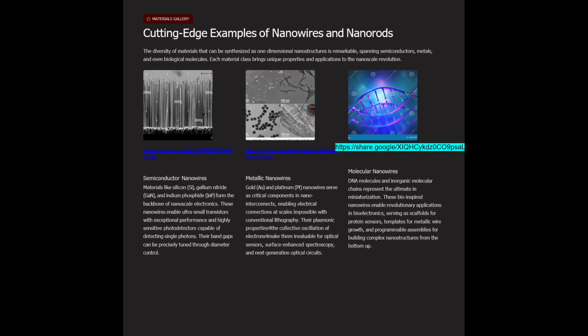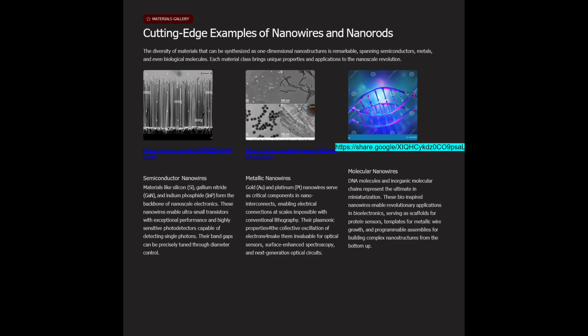Cutting edge examples of nanowires and nanorods. The diversity of materials that can be synthesized as one-dimensional nanostructures is remarkable, spanning semiconductors, metals, and even biological molecules, and each material class brings unique properties and applications to the nanoscale revolution.